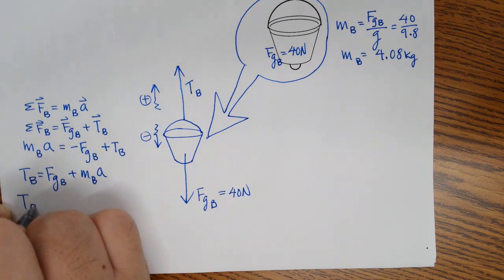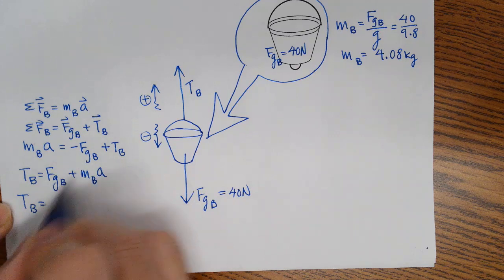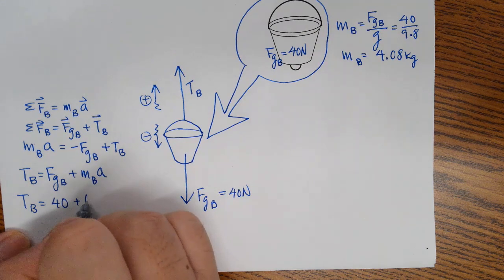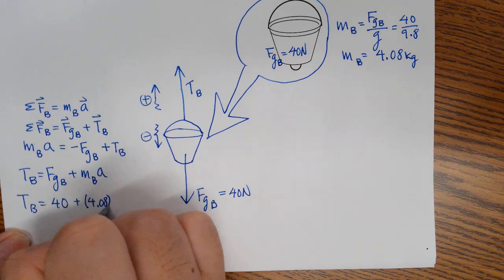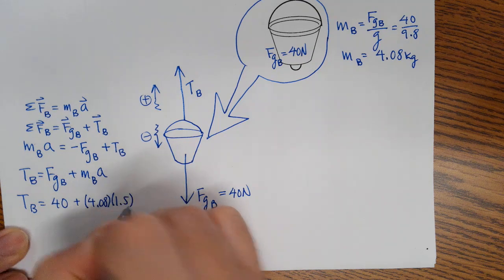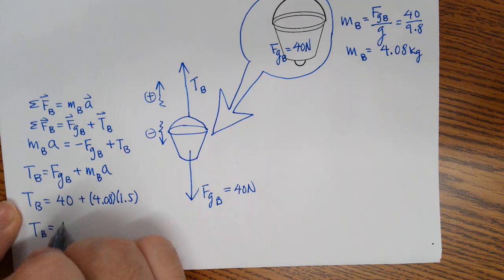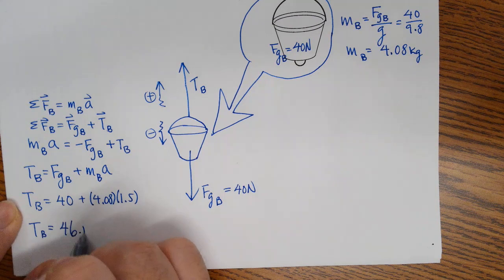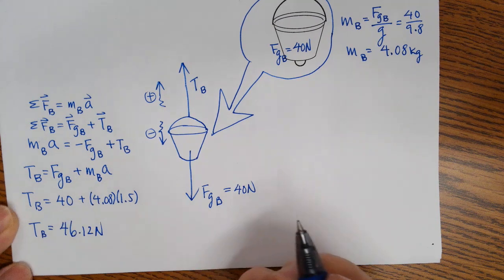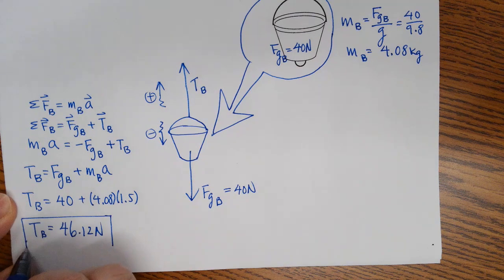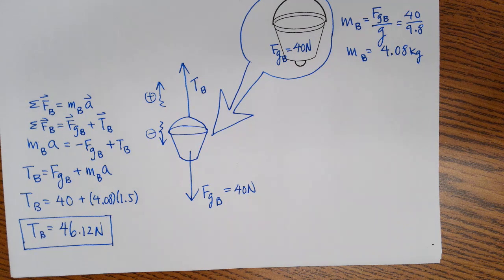So tension bottom is equal to 40 plus 4.08 times 1.5. So the tension bottom comes out to 46.12 newtons. Booyah.